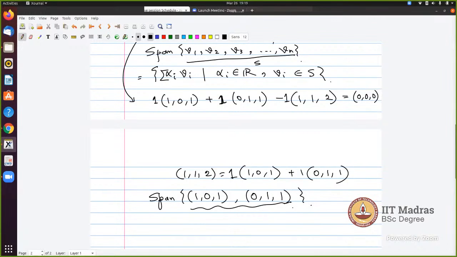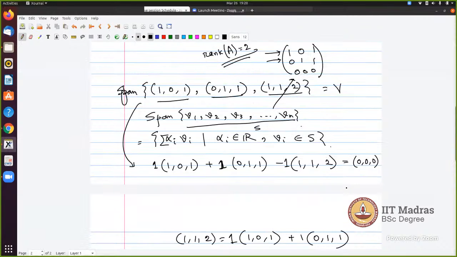Yes, sir, this is also linearly independent. And does this set span the original vector space which we started with? Yes, because even 1, 1, 2, which was inside the set, is itself a linear combination of these two vectors. So whatever vector comes as a combination of all three can also be written as a combination of these two.